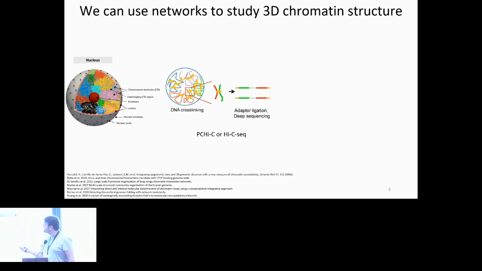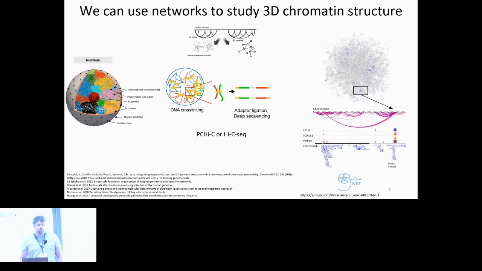For example, with these techniques, we can sequence the interaction between chromosomes. For one read, we have the two fragments from chromosome 1 and chromosome 2. So it's possible to study the chromatin structures with the 3D chromatin network, and we can reconstruct the 3D chromatin structure.